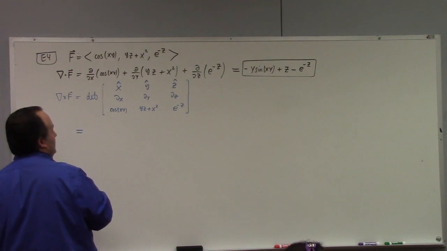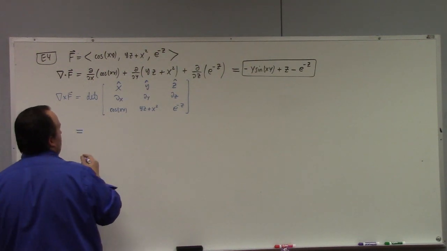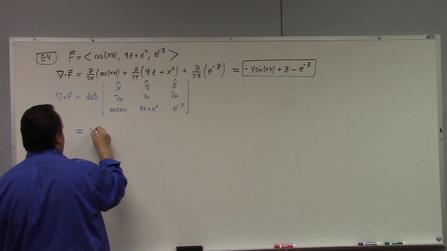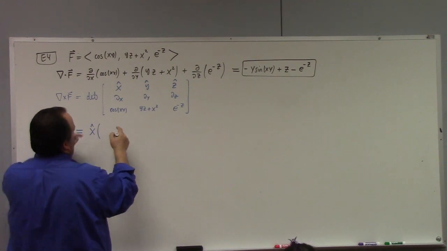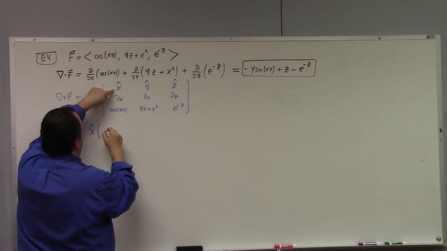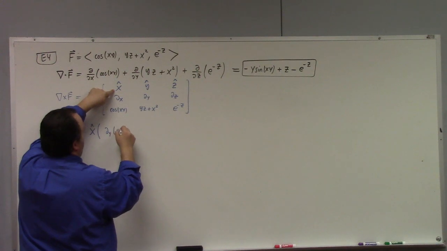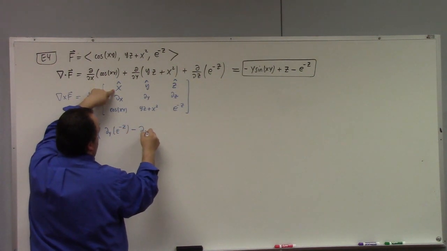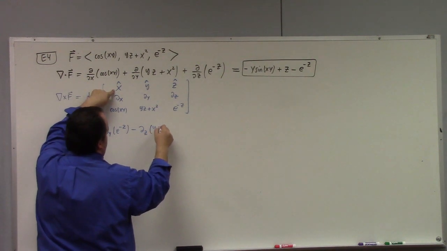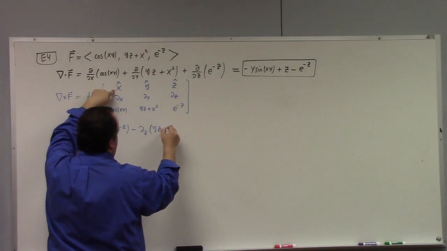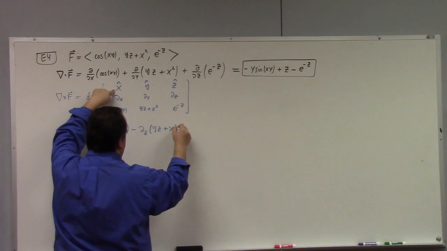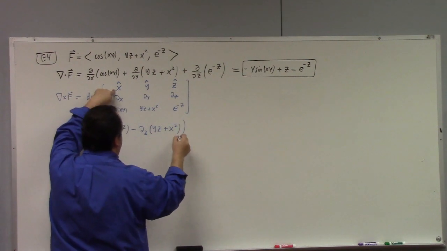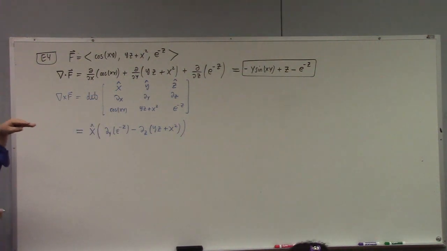All right, so I'll start out with x hat. So x hat, we've got partial y of e to the minus z minus partial z of yz. Now, when we did the cross product before, we had the luxury of either writing the components from the second row first or the third row first, right?